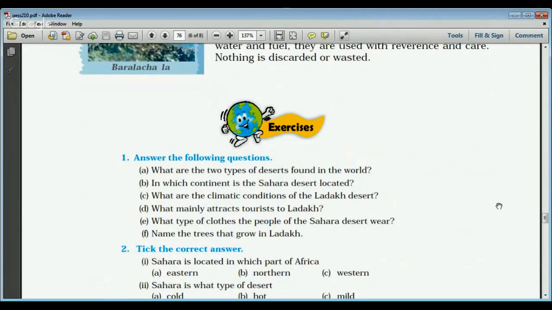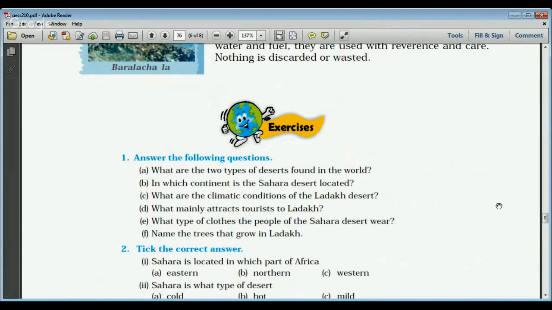And what mainly attracts tourists to Ladakh? I've already told you that it is because of the several gompas, monasteries, and various other tourist attractions. These attract tourists to the Ladakh region, and also the Ladakh region climate is very cold. What clothes do the people of Sahara wear?